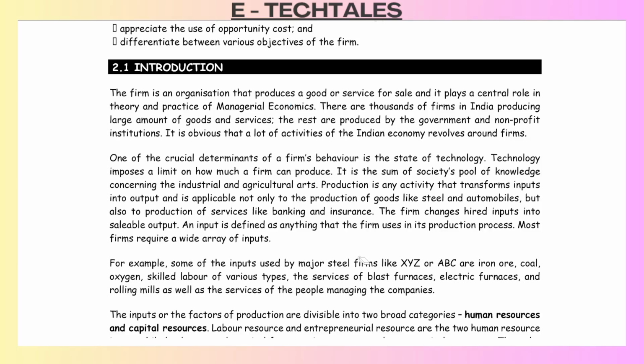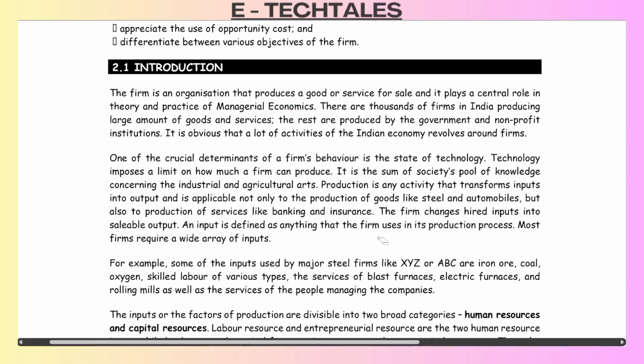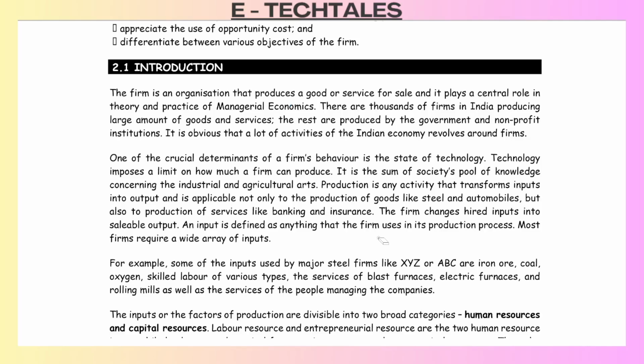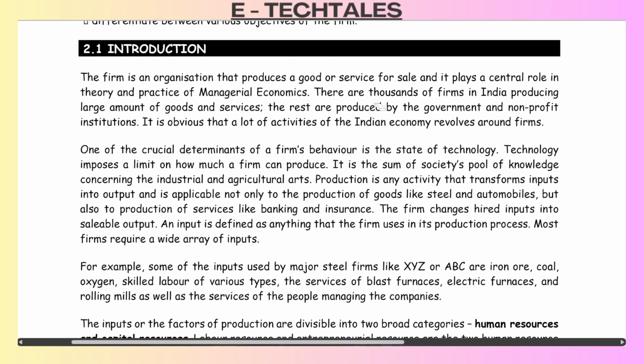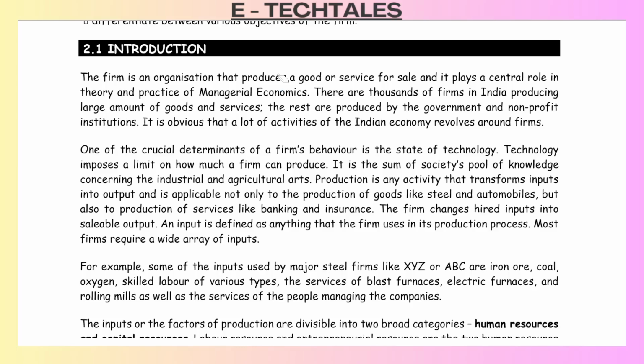So let me explain the role of the firm in managerial economics. In this introduction part, only this is there. Now we'll talk about the firm. A firm is an organization that produces goods and services for sale, and it plays a very crucial role in our economy.